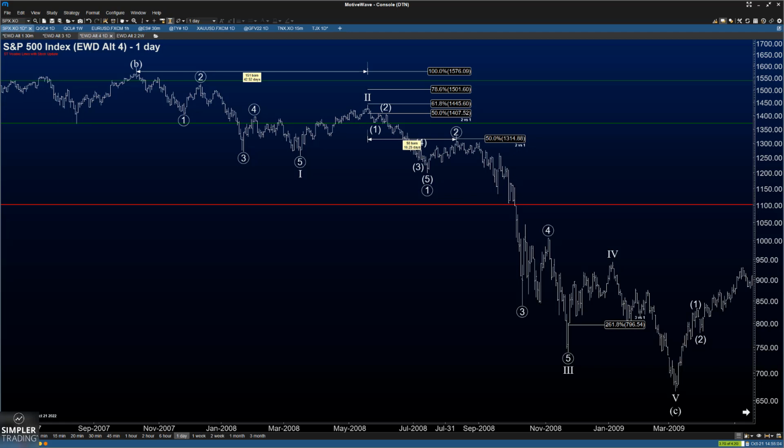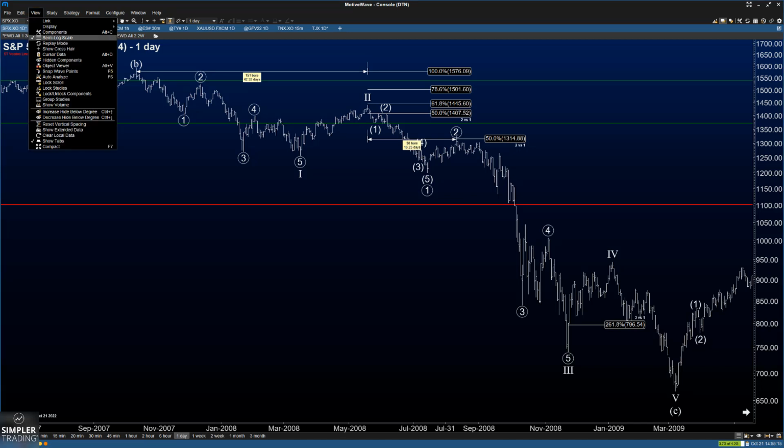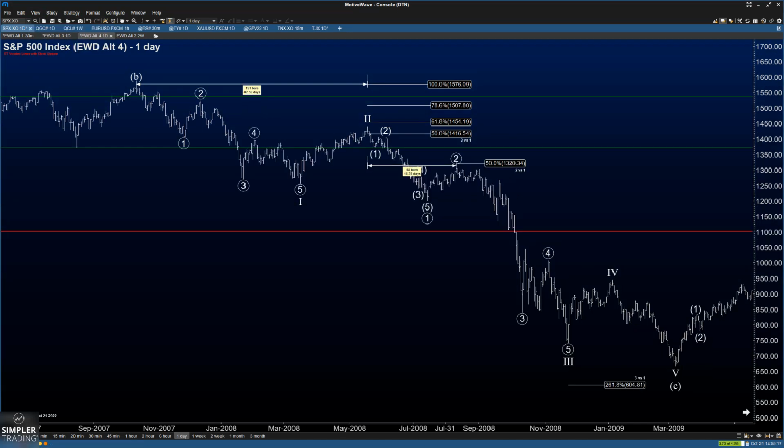Now, calculating a Fibonacci retracement on an arithmetic chart, and we can switch this back to arithmetic really quickly, if you were to calculate it by hand, it would be pretty simple. You would simply take the high of the move and the low of the move and subtract the two to figure out the total move.